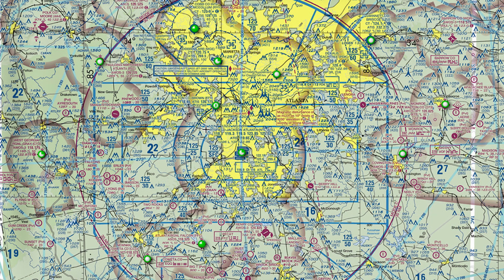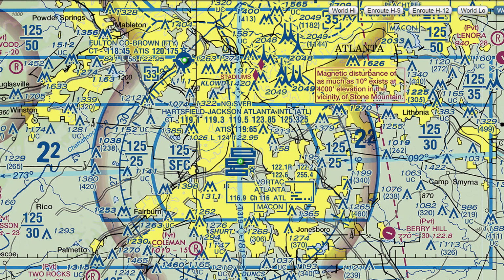Case in point, in the dead center, you have the Hartsfield-Jackson International Airport. Off to the side there, you have a couple numbers. One of them says 125 over SFC, which means 12,500 feet. They cut off the two zeros at the end. Most numbers, the last two numbers are zeros, and they're usually cut off.